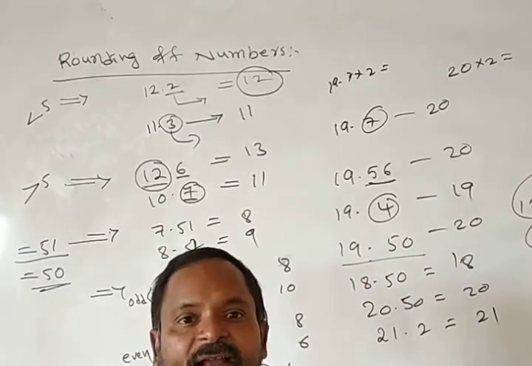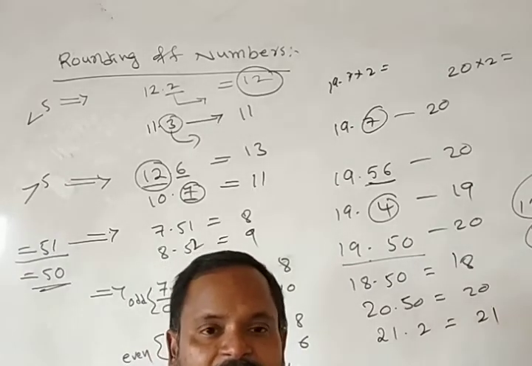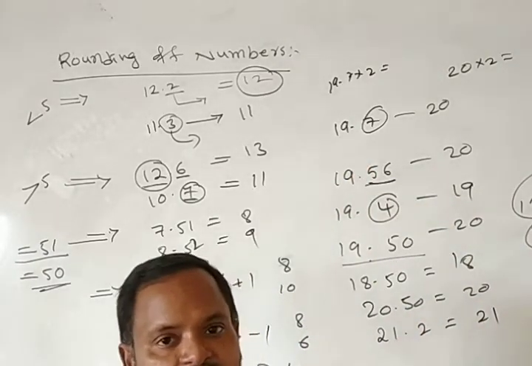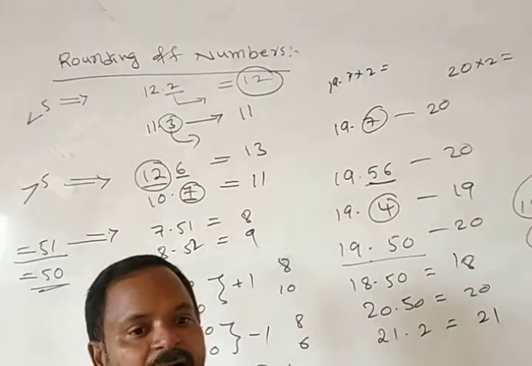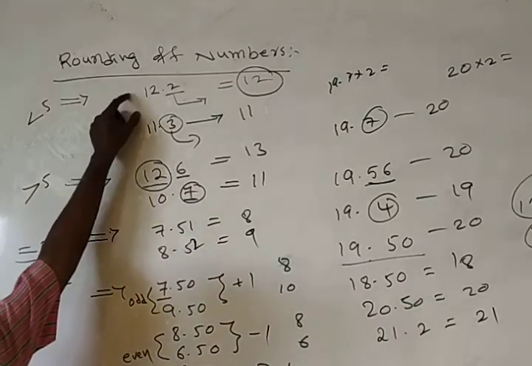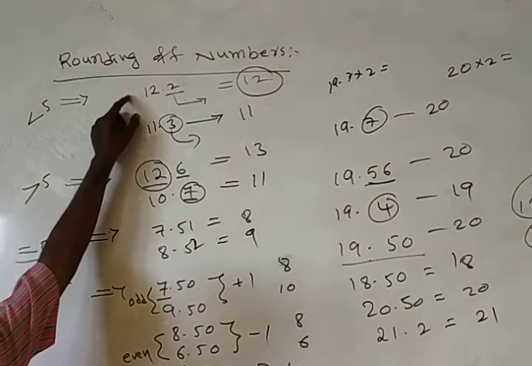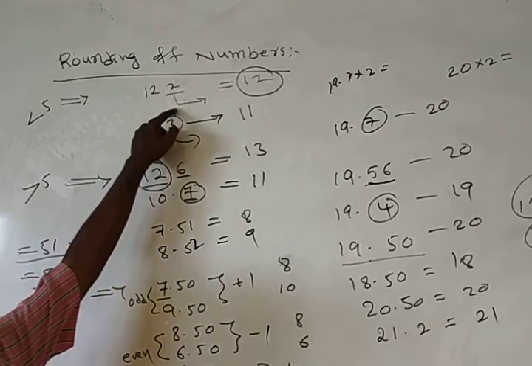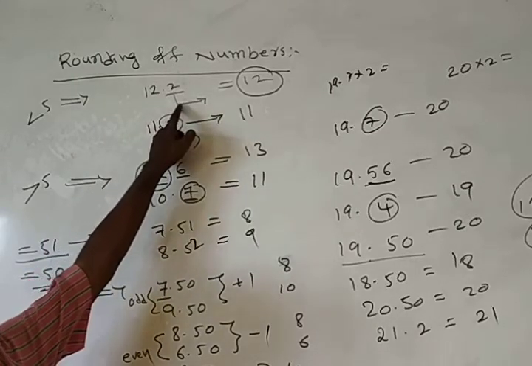For the simplicity of calculation, we use an important concept called rounding of numbers. If the dropped number is less than 5, I am repeating again, remove that, omit that one.